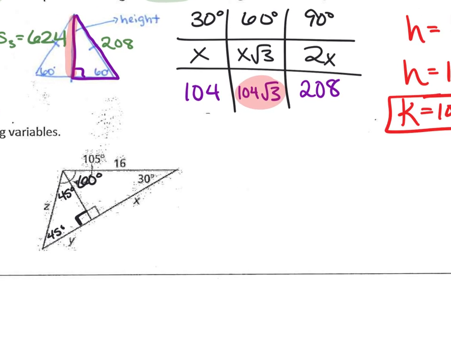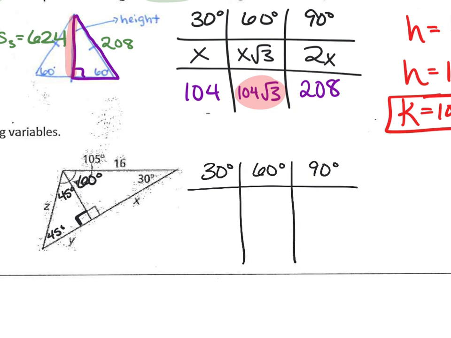Let's solve some stuff. We're going to set up both tic-tac-toe boards, but since the number I was given, the 16, is a part of the 30, 60, 90, we're going to do that one first. Here's my 30, here's my 60, here's my 90. The pattern for 30, 60, 90 was what? Tell me the pattern. Fabulous.